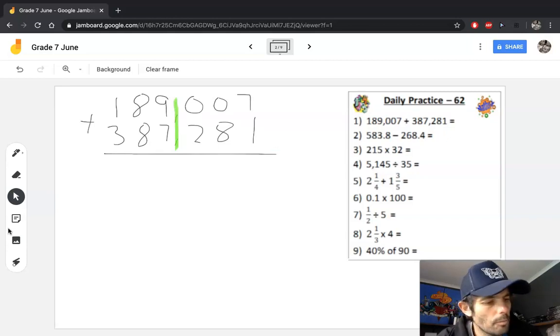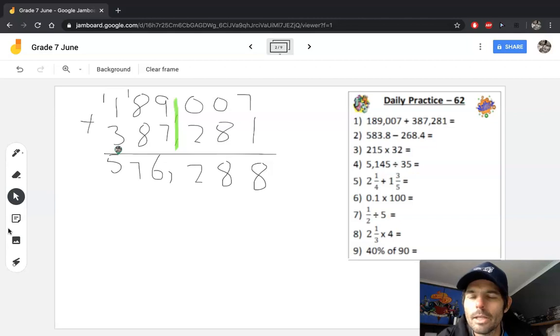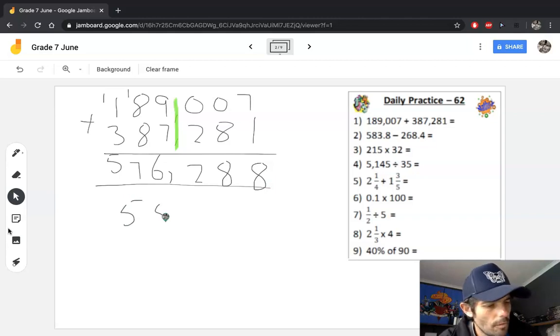Your next important part is just to make sure that all the numbers are in the correct columns, that you're adding correctly, that you carry where necessary, and your final answer there should be 576,228.